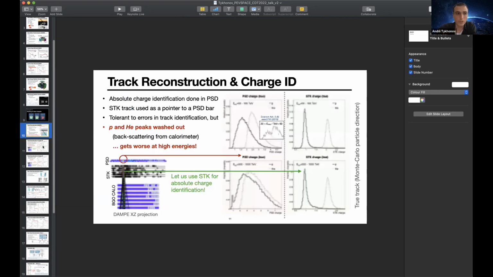If you look at this plot, this is the ionization loss. This is what you get at 50 TeV, and this is what you get at 500 TeV. The signal is nearly the same. Yes, because you're on the dE/dx plateau.